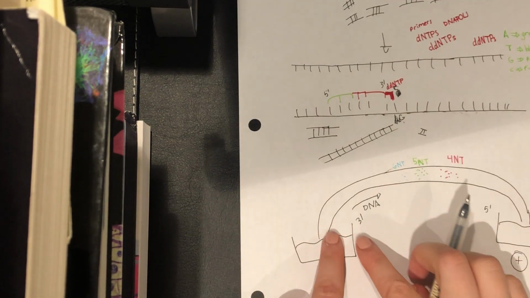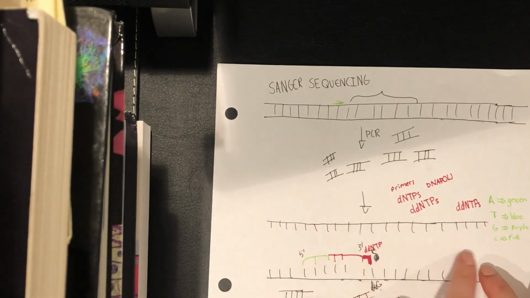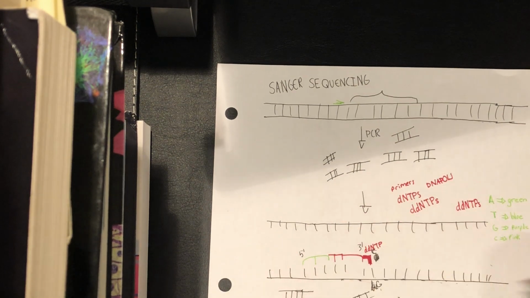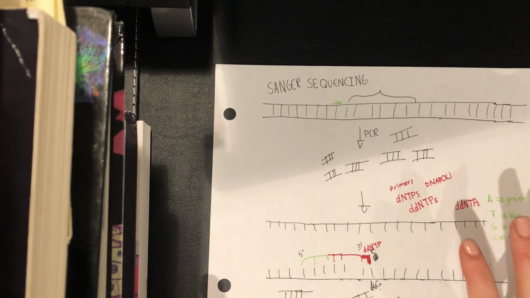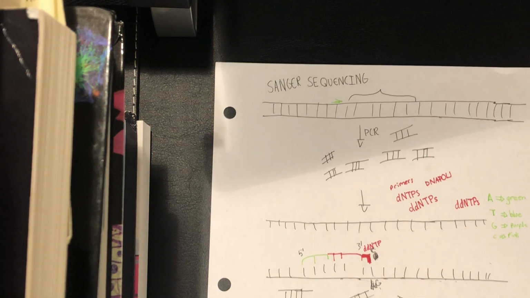And then towards the end are those that were going this way, so near the 3' end of your new strand. So hopefully that makes sense. I'm sorry if I was very confusing.